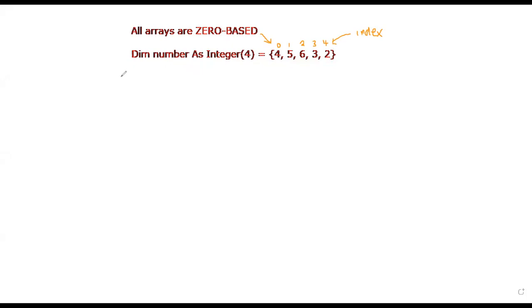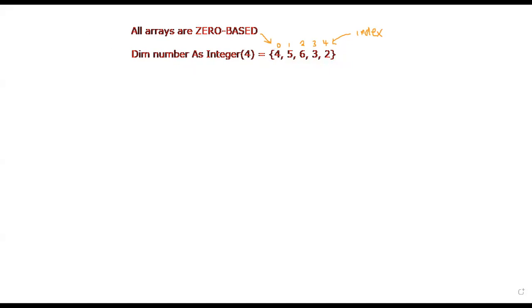That means that their indexing started from 1. Okay, so they were considered in that case. So in that case, if their indexing started from 1 and you put 4 here inside your array, that means that the array will have 4 elements. Okay, but with VB.NET, it's implemented based on a 0 base index. That means the indexing starts from 0.